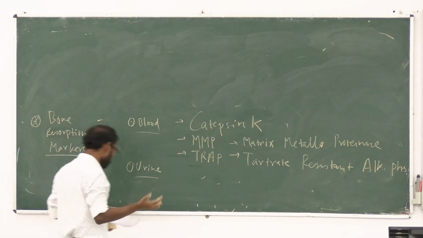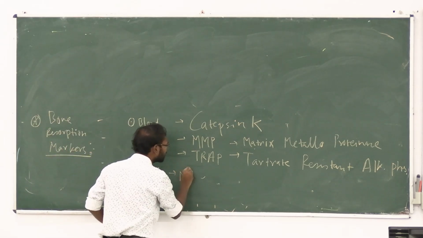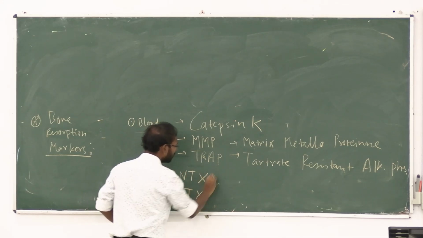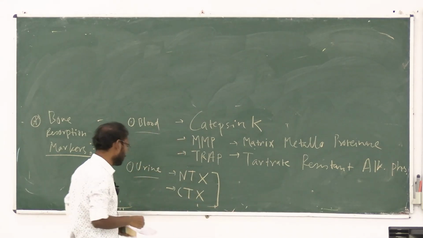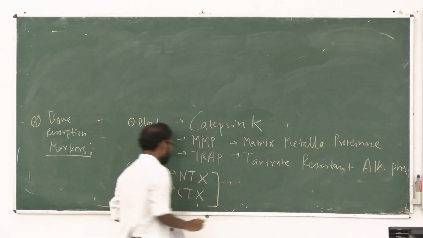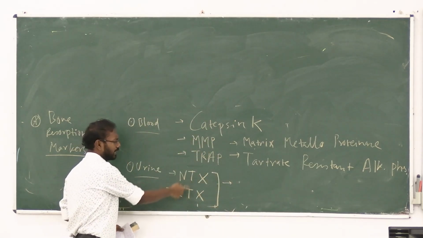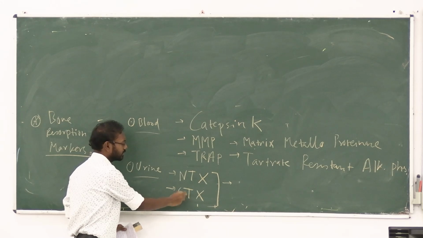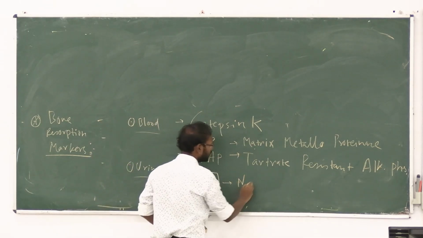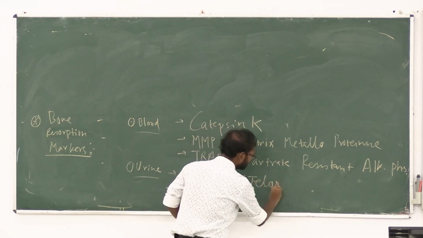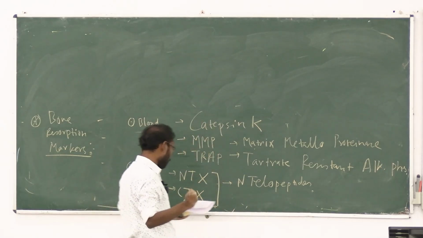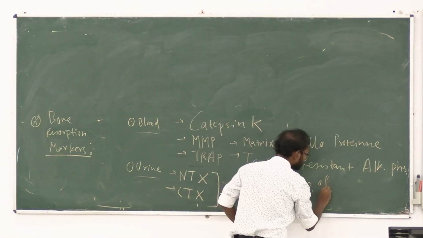Found in urine there are two. One is NTX and CTX. Okay, full form is almost same. N is different, C is different. T is for telopeptides. So N or C is the type.